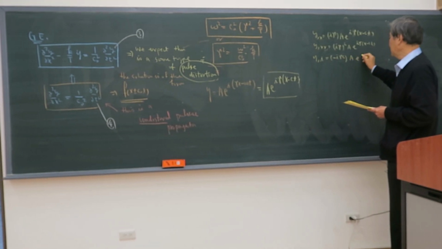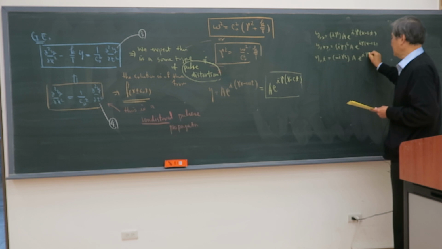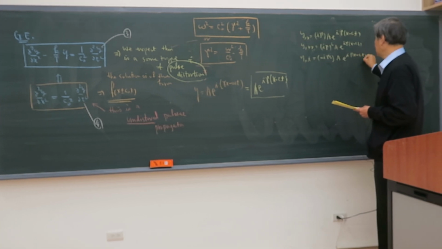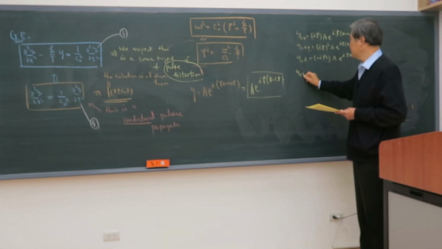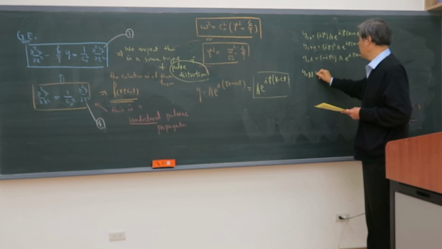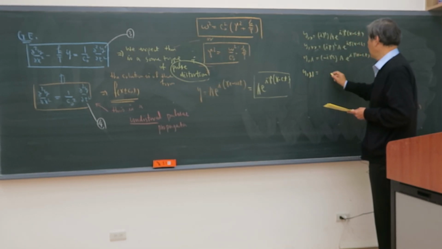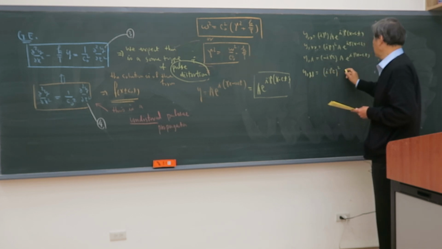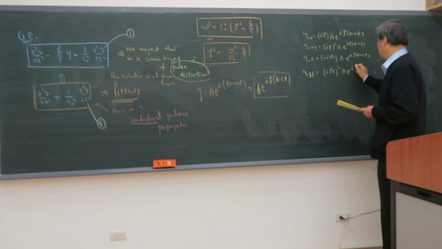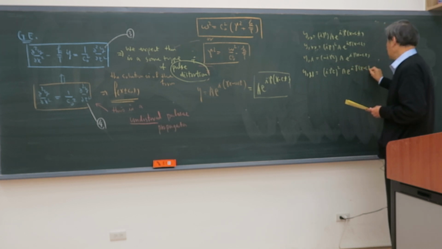A e^{i(γx − ct)} and y_tt equal to −γ²c² A e^{i(γx − ct)}.